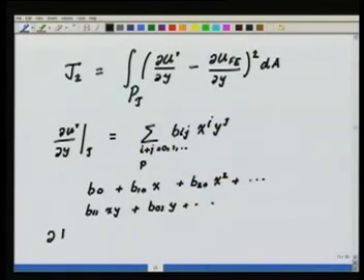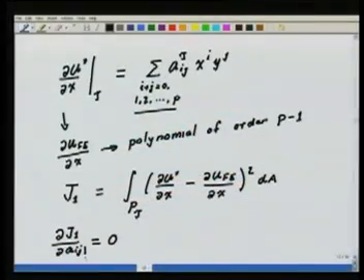Then we want the b_ij's to be such that ∂J2/∂b_ij for the element τ is equal to 0. So this will give me the equations in terms of these coefficients b_ij. Similarly, the previous one will give me the equations in terms of the coefficients a_ij.